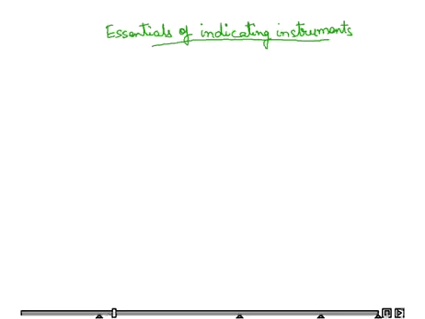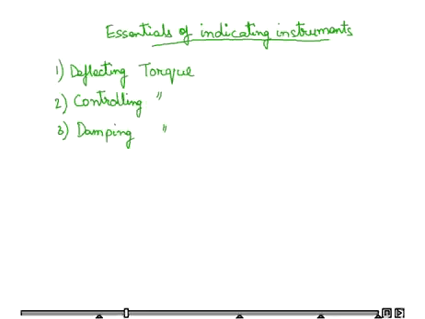For satisfactory working of indicating instruments, torques are required. So these torques are very important. There are various types of torque related with indicating instruments. First is deflecting torque, then controlling torque, then comes the damping torque. We have to see the importance of all these torques one by one.